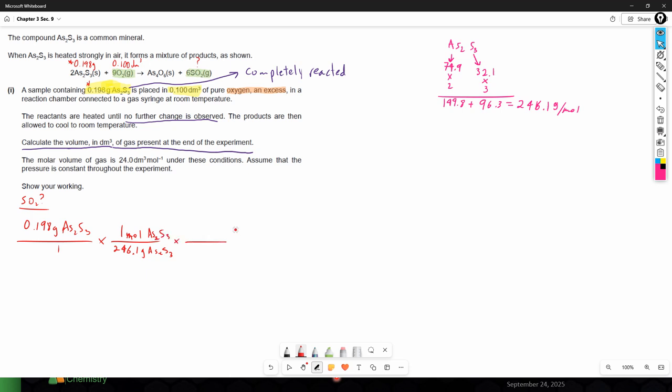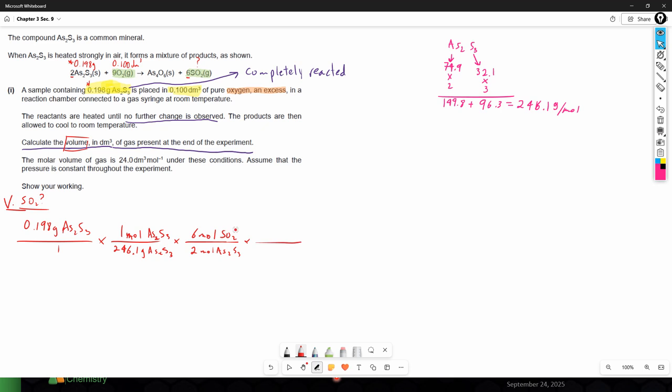Now remember, the goal here is to figure out the amount, and they want to calculate the volume, so that we want the volume of SO2. So we'll put here V of SO2. So we need to convert this now from As2S3 to SO2. So we know from the coefficients that 2 moles of As2S3 is equal to 6 moles of SO2.